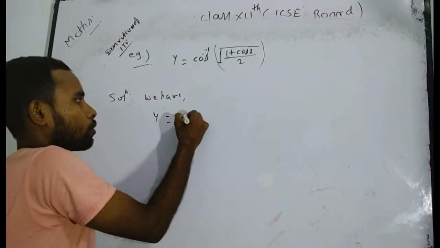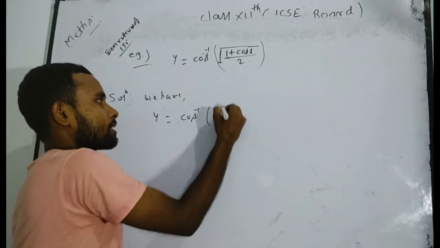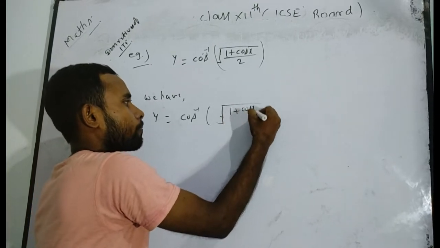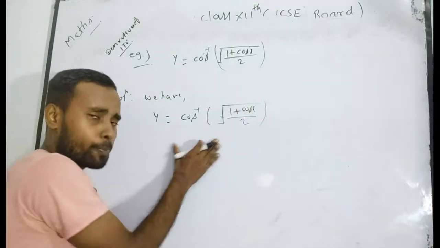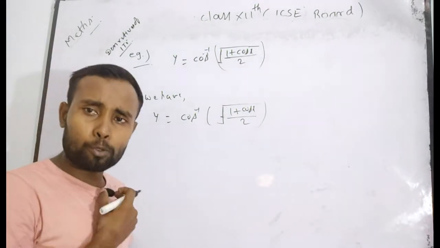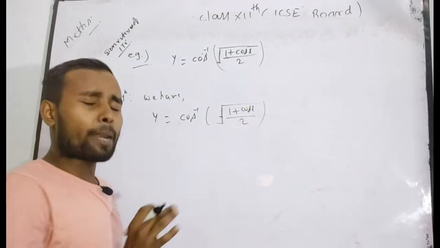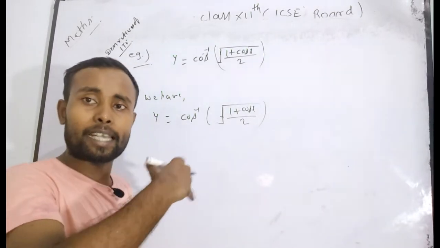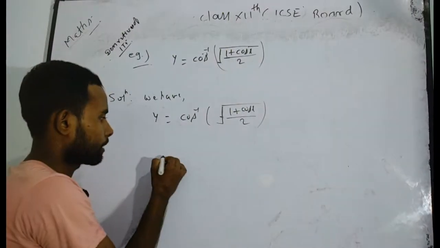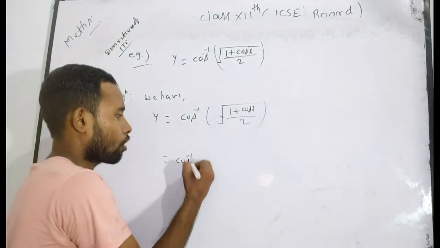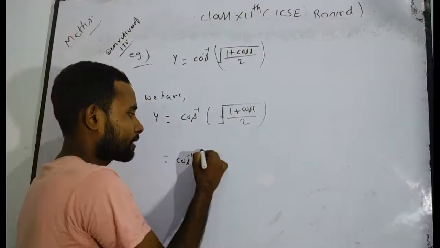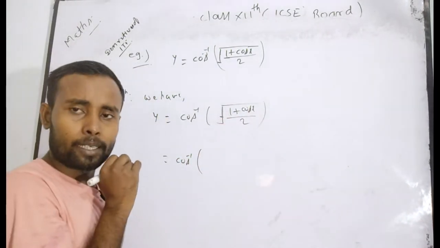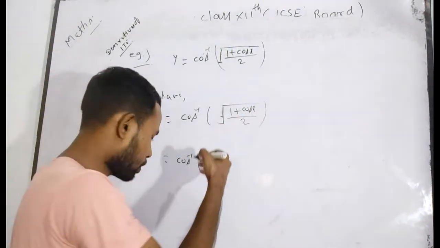we have y is equal to cos inverse of under root of (1 plus cos x) by 2. In this problem, you have to check each term where you can apply a formula such that it can be simplified. As you know, 1 plus cos x is equal to what?